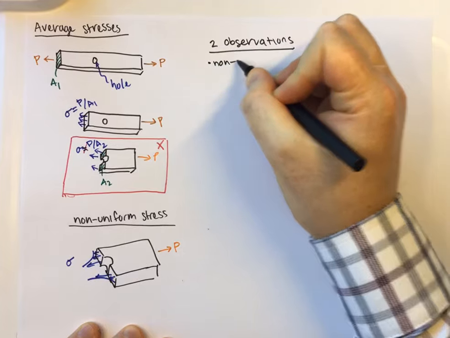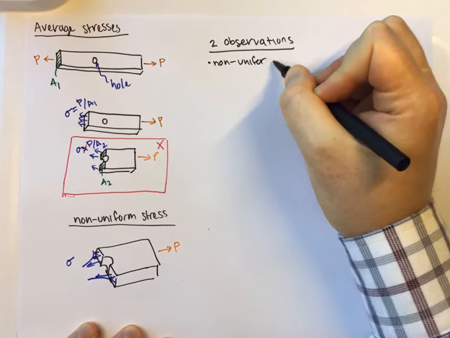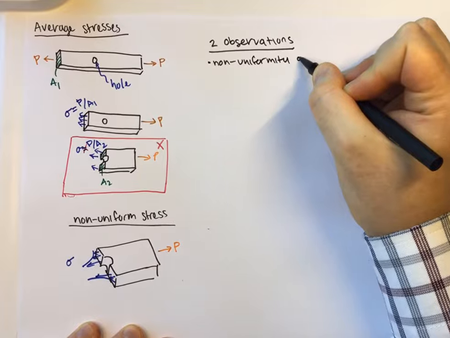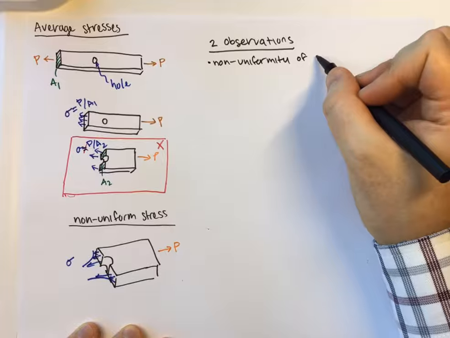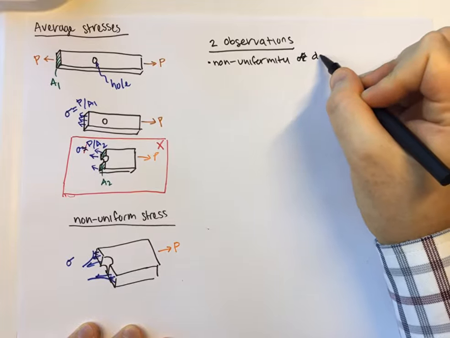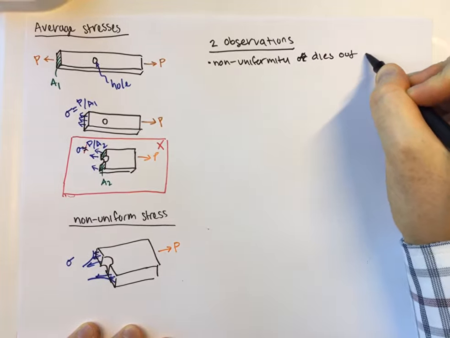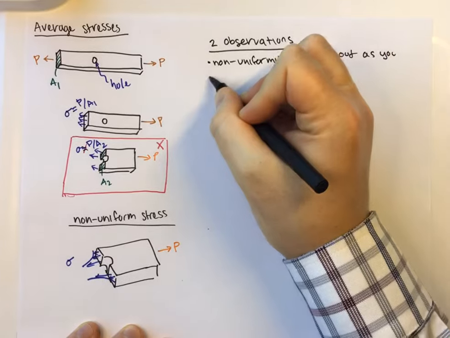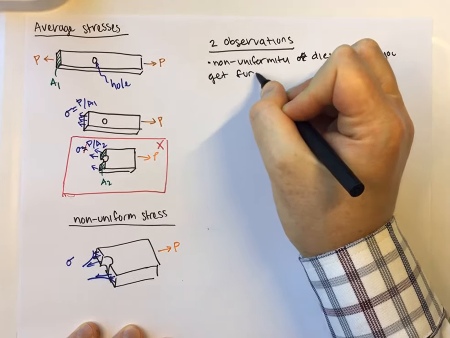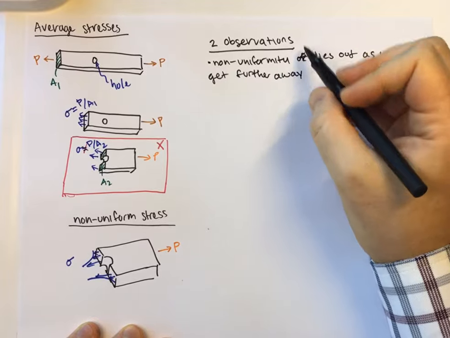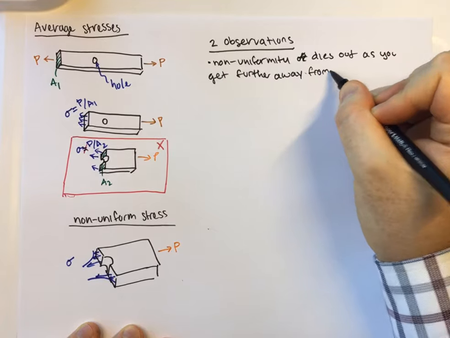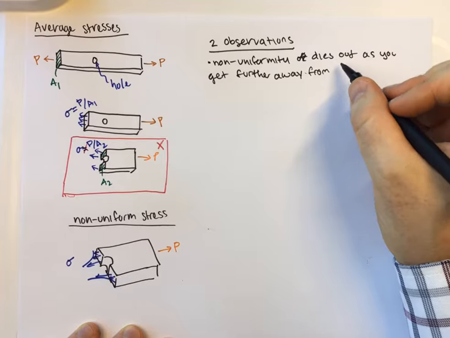So the non-uniformity of stresses or deformations dies out as you get further away from a disruption.